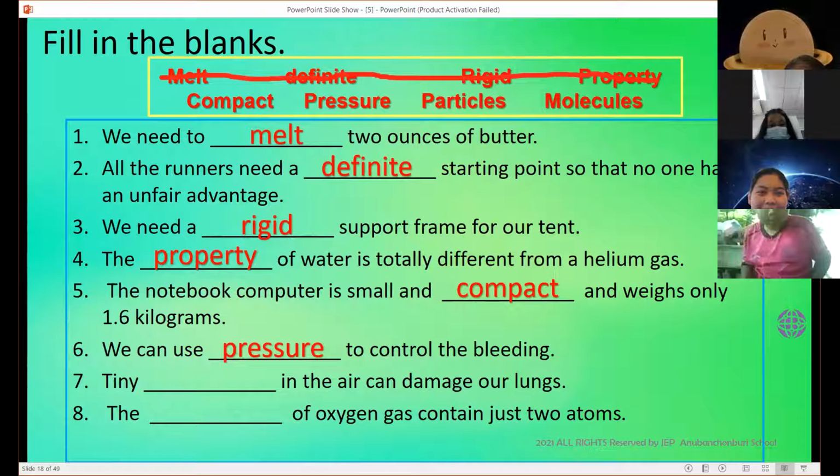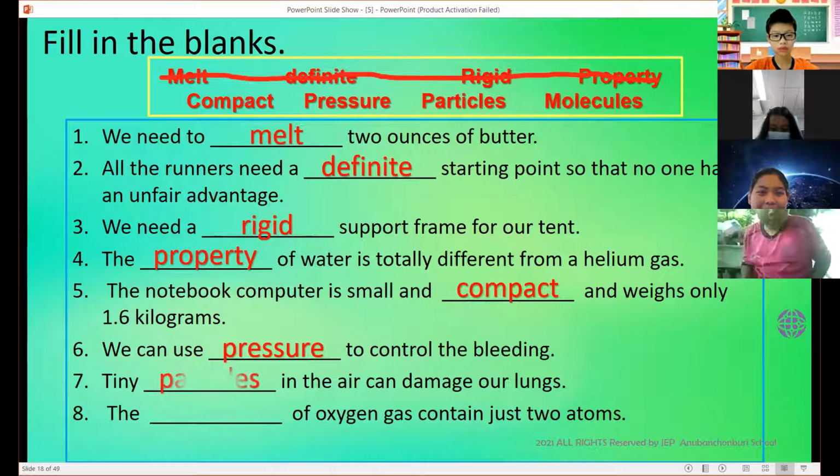Molecules or particles? Napichaya, what do you think is the best answer? Molecules or particles? Particle. Very good. Tiny particles in the air, like PM 2.5, can damage our lungs.